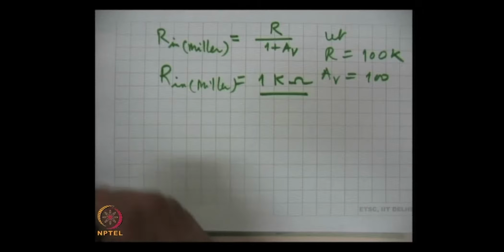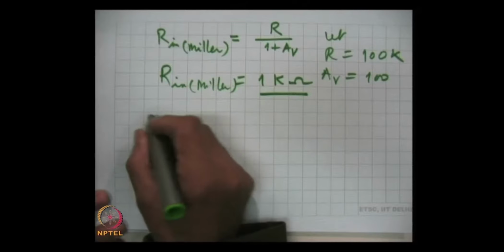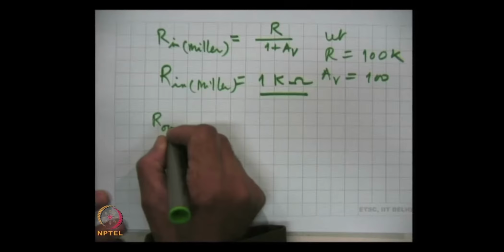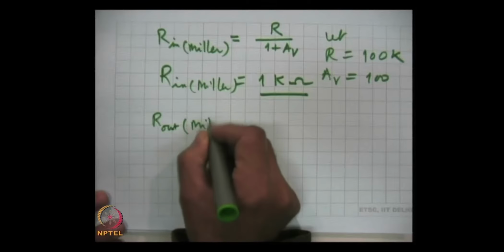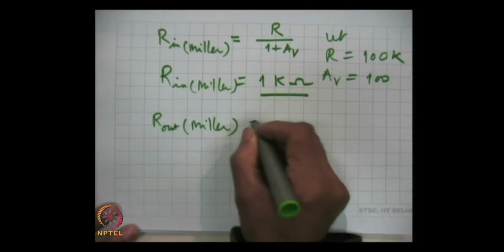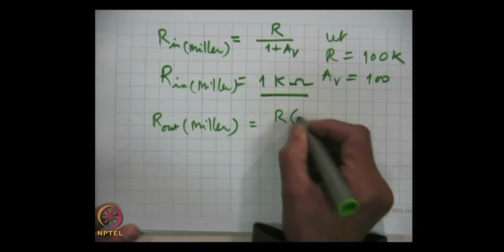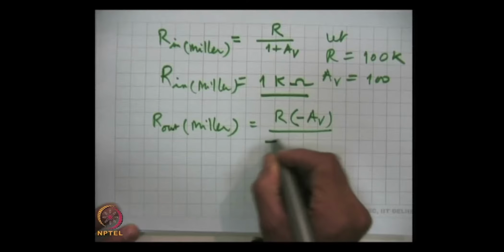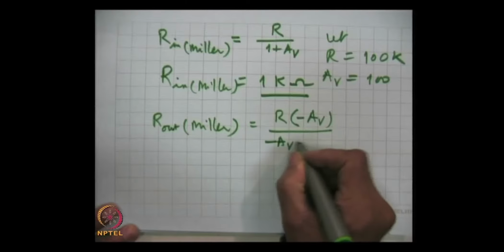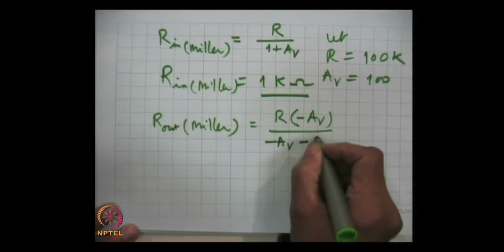And what happens at the output for the CE amplifier? R out Miller is R times minus AV by minus AV minus 1.